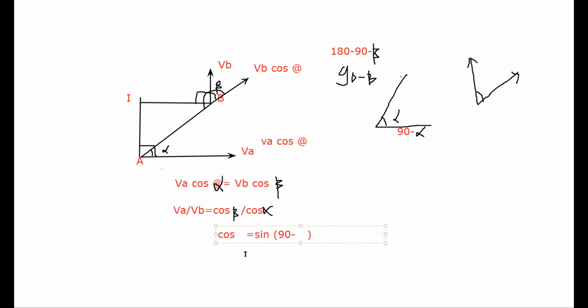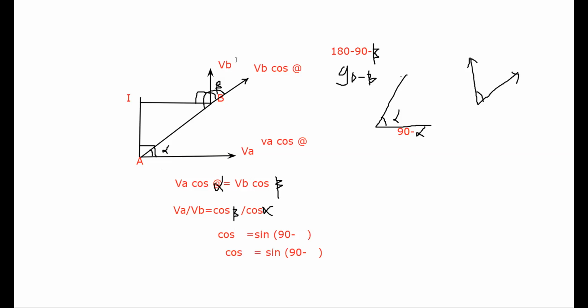Similarly for alpha, I can write cos alpha as sine of 90 minus alpha. I'll just complete this one now.